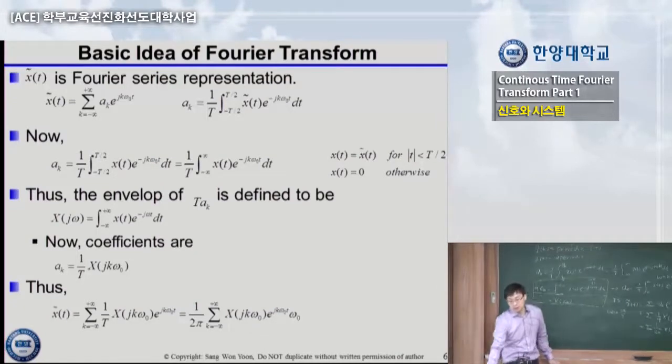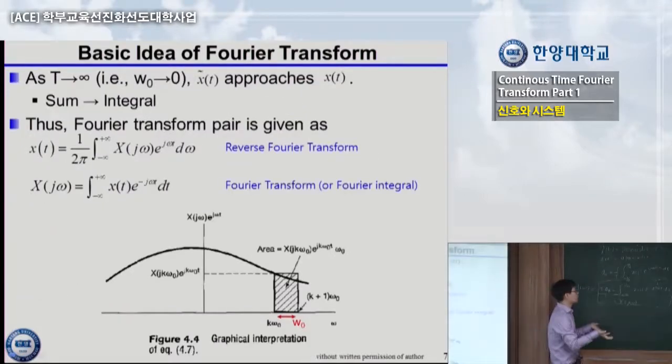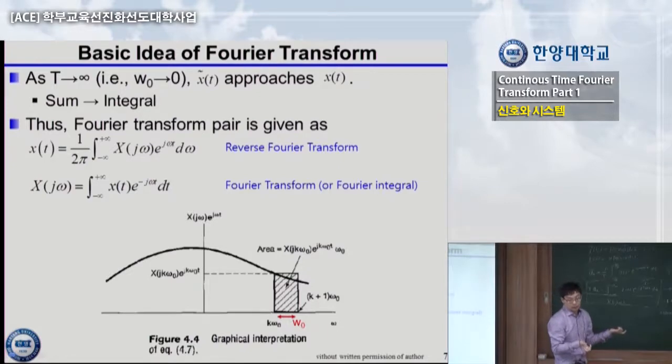That's what you can see in the last one. So now from this claim, we want to make T to infinite, meaning that omega 0 becomes 0, so that we can match this one to be the original signal we want to find out.